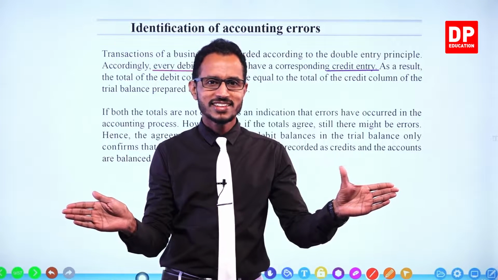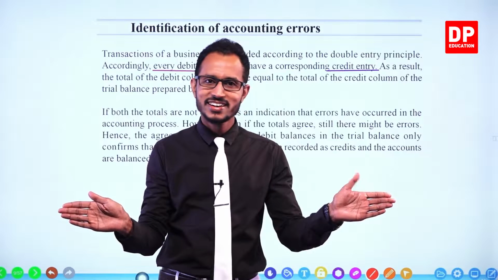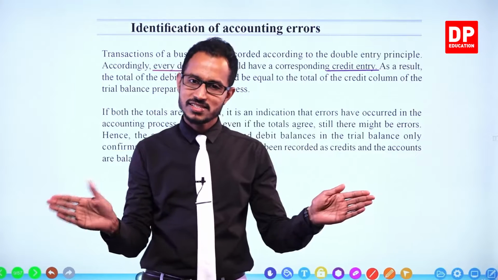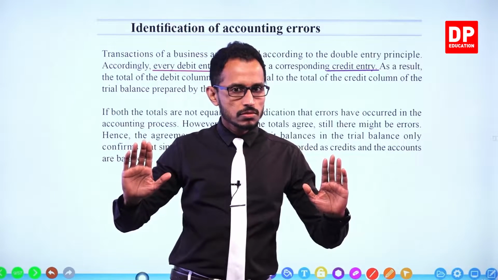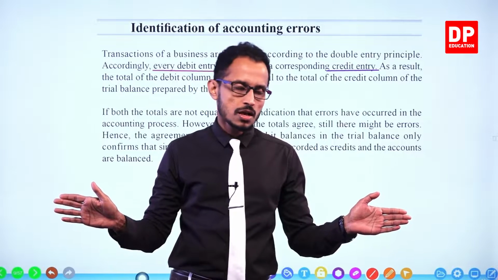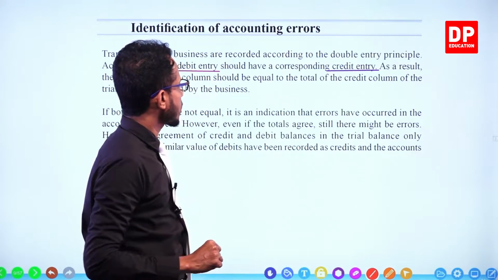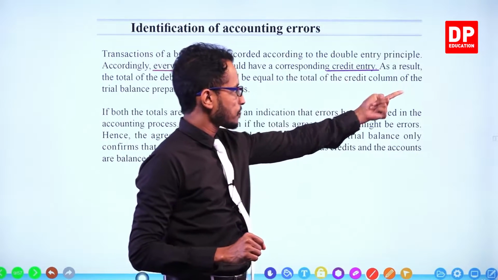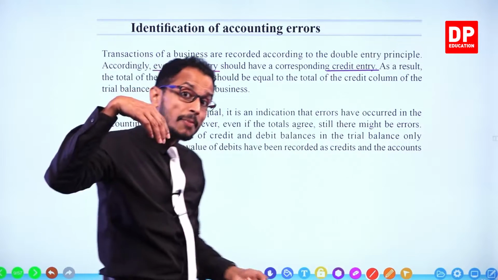Should be equal. Yes or no? Yes, children, yes. There's no doubt, there's no debate about that. Debit total must be equal to the credit total. Right? That happens in the trial balance.